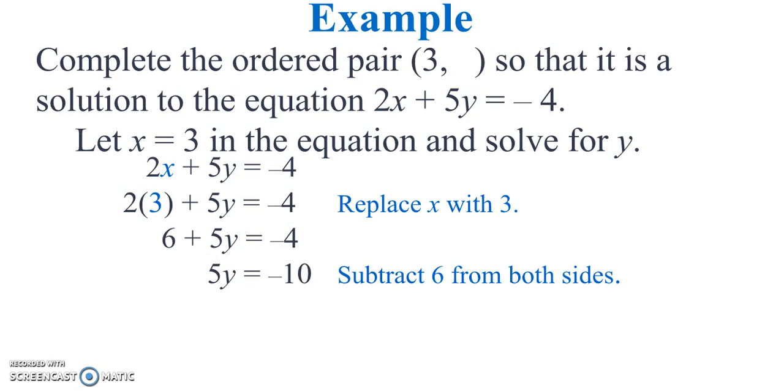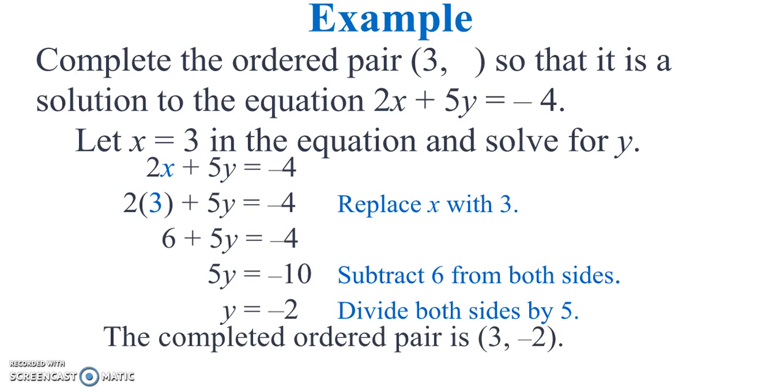I'm going to subtract 6 on both sides, so I get 5y equals negative 10, because negative 4 plus a negative 6 is a negative 10. Divide by 5 on both sides. I cannot just drop my negative, so y equals negative 2. So my completed ordered pair is an x of 3 and a y of negative 2.